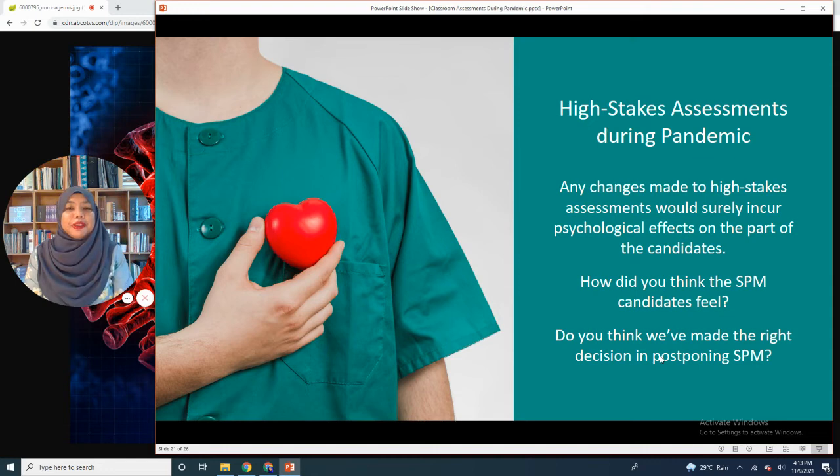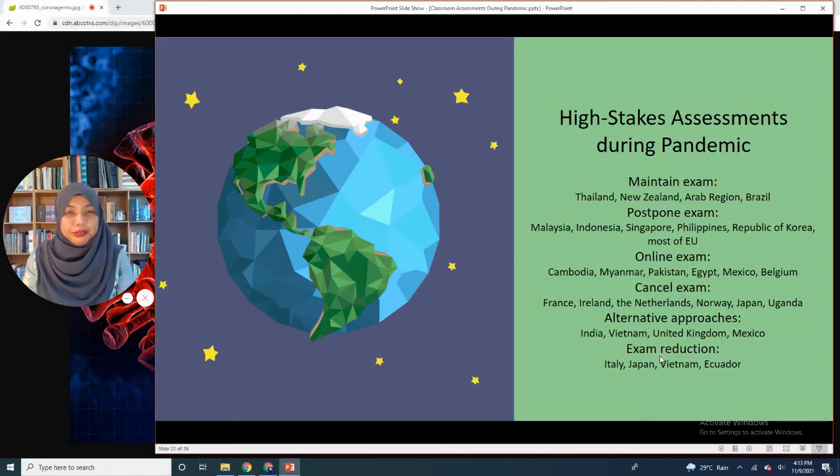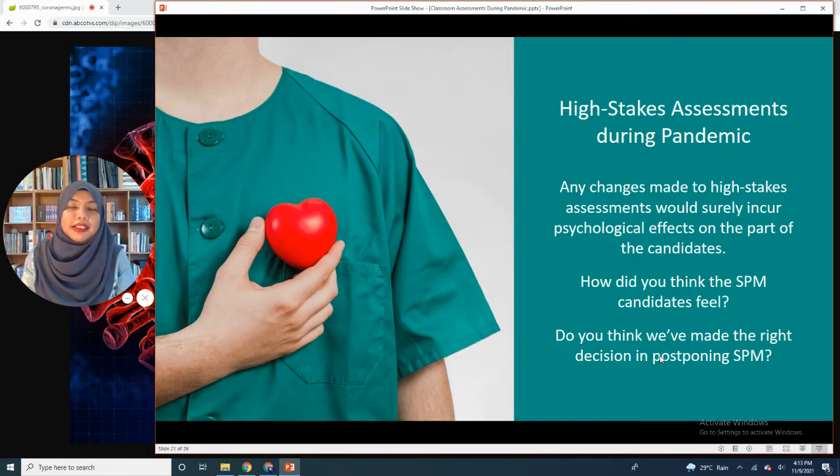All right. So whatever the decisions are, to maintain, to postpone, to cancel, you have to remember that assessments will incur psychological effects. Changes that are made to assessments, particularly high stakes assessments, will somehow lead to a psychological burden on the part of the candidates. Just imagine the feeling of our SPM candidates last year because they were ready to sit for the SPM. They had been working towards it for the past 5 years, for example.